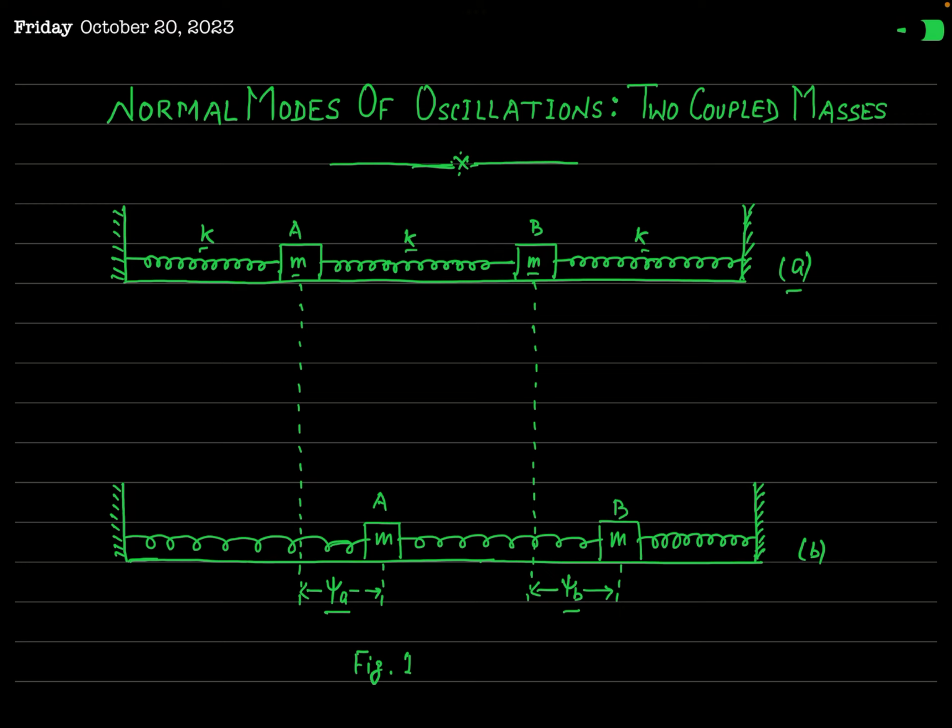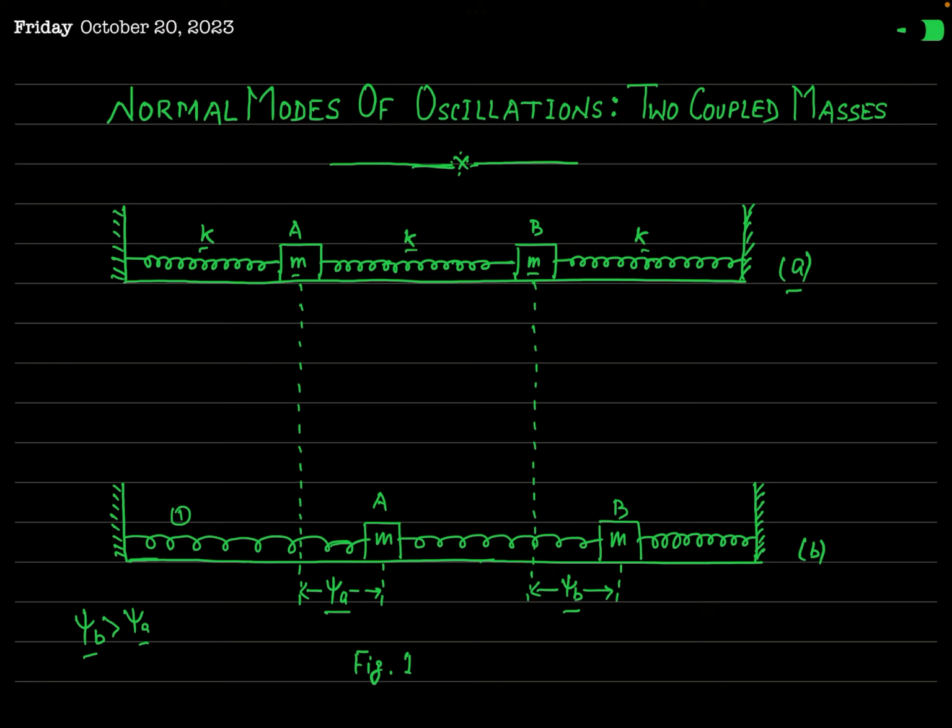For simplicity of calculation, I am considering the case that the displacement psi B of block B is greater than psi A. When psi B is greater than psi A, in that condition, the first spring will be elongated or extended.